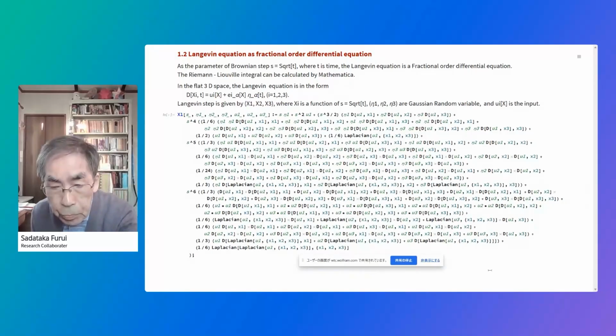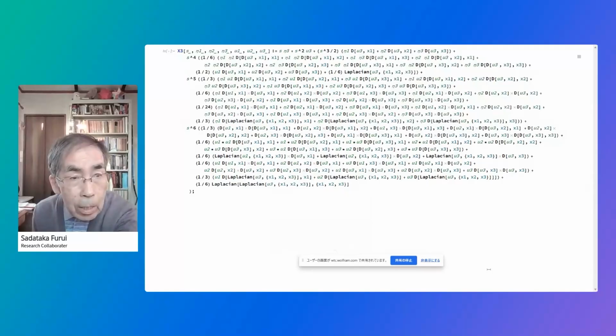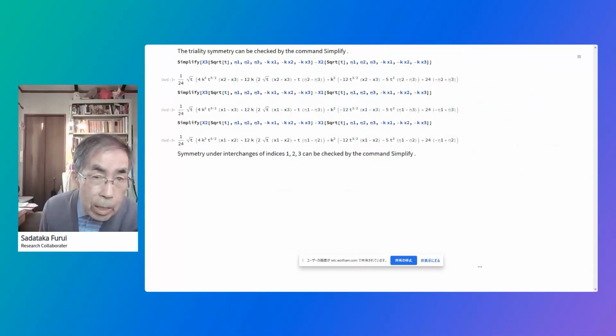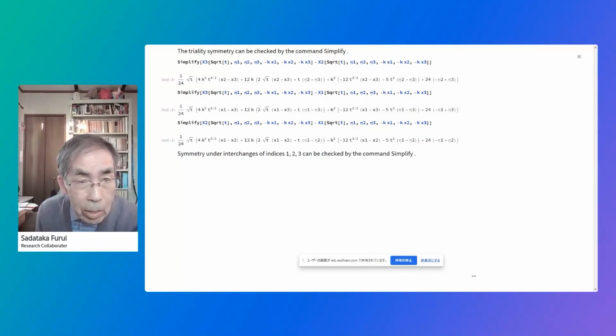And this is x2, and this is x3. Then we check the symmetry of the wave function. So simplify x3 minus x2, x3 minus x1, and x2 minus x1, and you can check the symmetries.